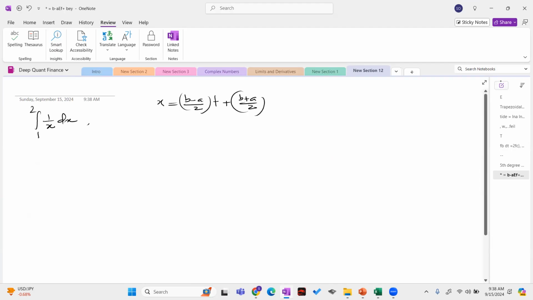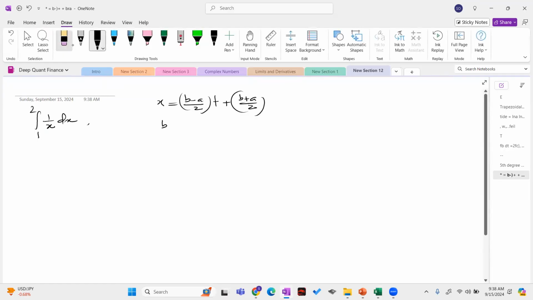That's a linear transformation. What is b and what is a? My x is now given as (2 minus 1) by 2 times t plus (2 plus 1) by 2, which is 3 by 2. This is my transformation. Or I can write t plus 3 by 2.